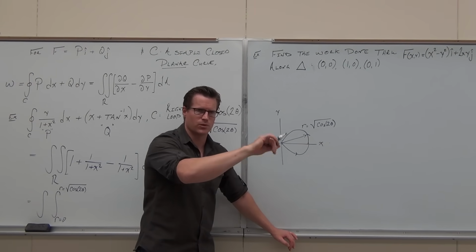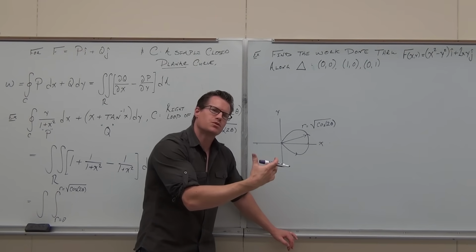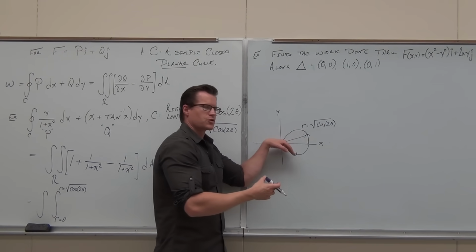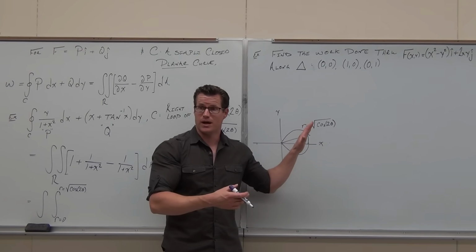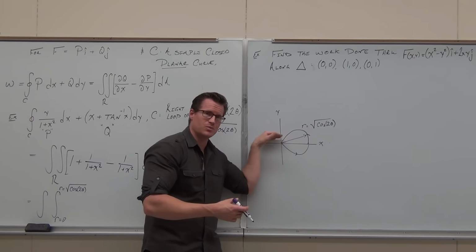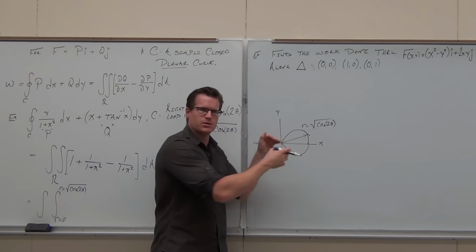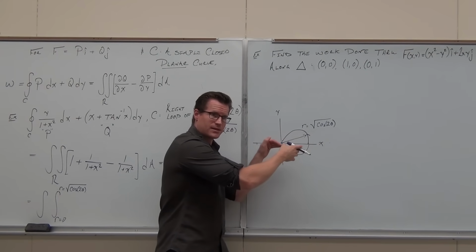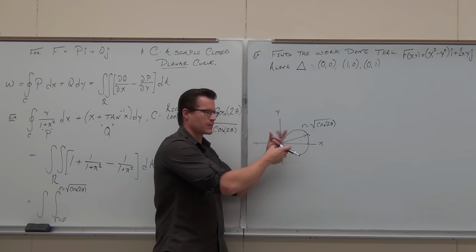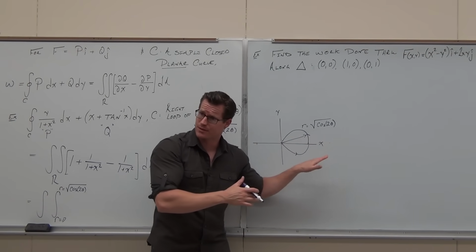Pi gives you one full rotation of this. But I can't go from a larger value of pi to a smaller value of pi. The larger values, like 3 pi over 4 to pi, are where I'd be getting this other section of it.